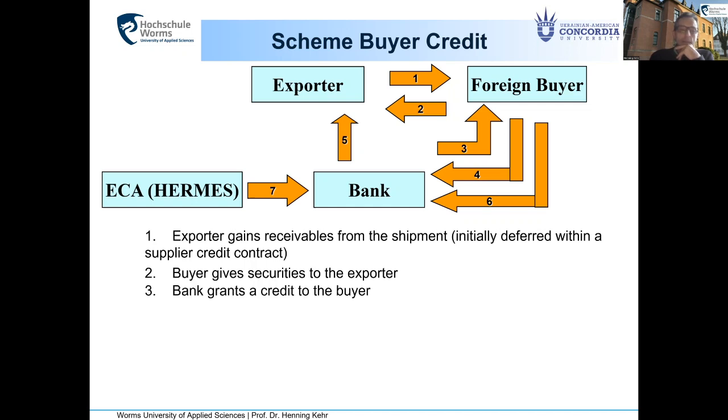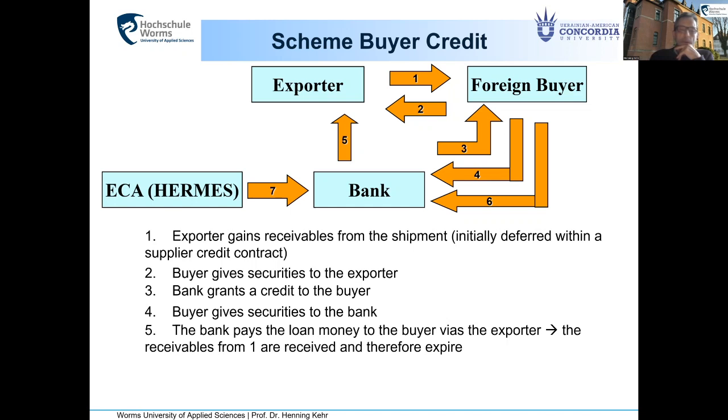But then the bank, exporter's bank, for example, grants a credit to the buyer. Perhaps the same securities as in arrow 2 are now given to the bank. That's the reason why the bank grants a credit to the buyer.